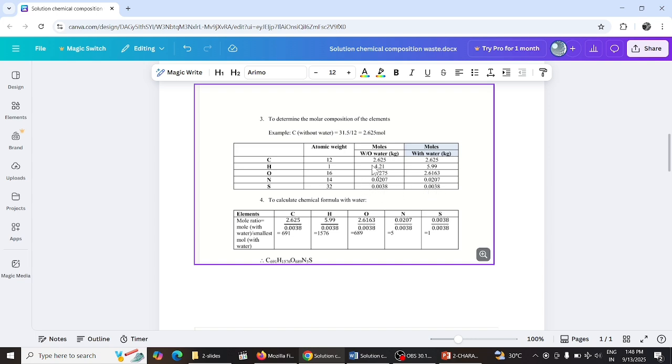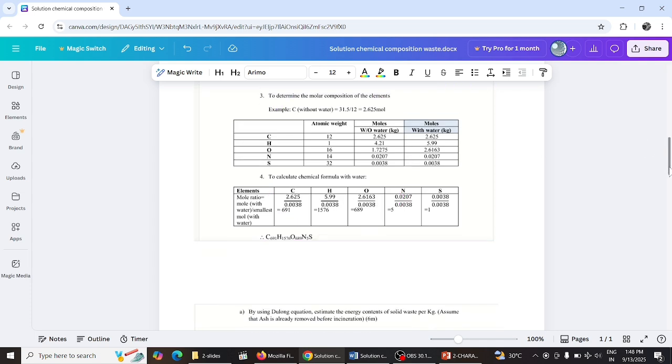So we are dividing 2.625 upon 0.0038. Okay, so with water we get 691, and this is 1576. So sulfur in both cases would be 1, and nitrogen in both cases will be 5. The only difference we are going to get is that hydrogen and oxygen would be different.